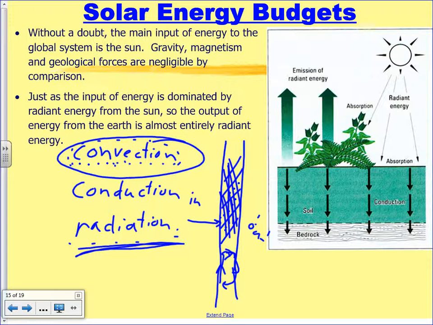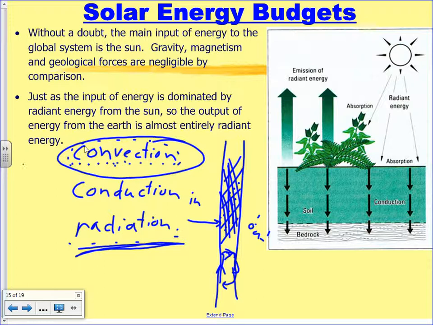Where does your house lose most of its energy? Through your windows, because your windows can't reflect any energy, and it's harder to insulate them. If you insulate them, they will no longer be transparent, thus defeating the purpose of having a window.